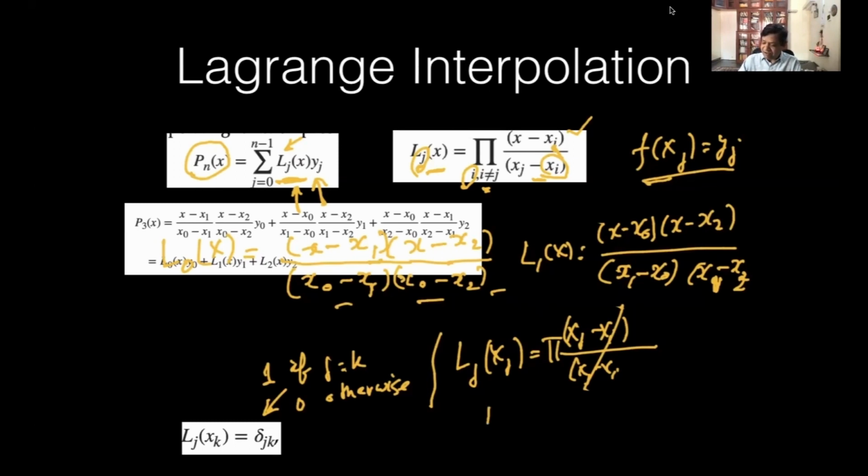But if you look at Lj(x0), look at the numerator. The first term will be x minus x0. Now I put x0 minus x0, which is 0. So you find that this is 0. Unless j equals k, so Lj(xj) is 1, otherwise it's 0. So that is the idea of this function. Lj(xk) is delta jk. Anyway, if you are deriving a lot of expressions, this is useful to know, and this is an interesting property.